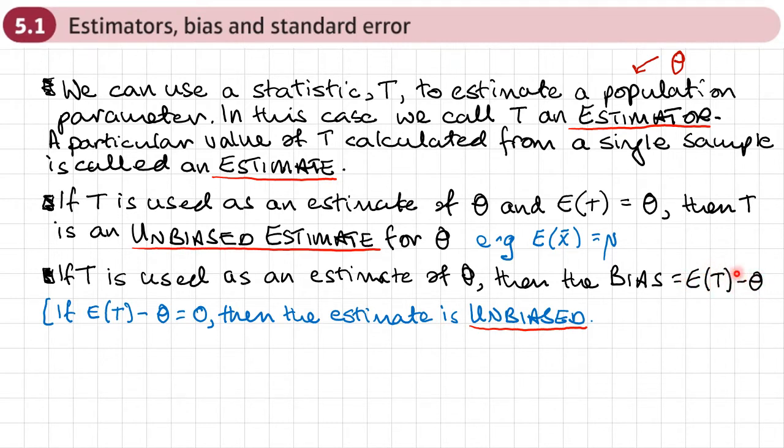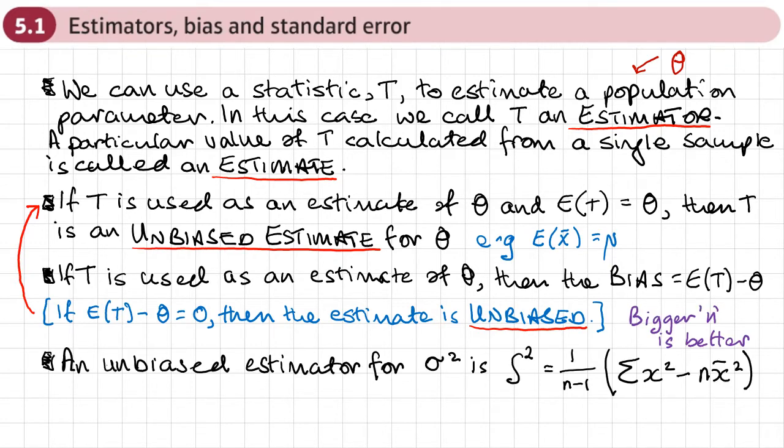So we're expecting a difference between the two. If the expected value of our statistic minus the population parameter equals 0, then the estimator that we've worked out will be unbiased. So we're back to this previous bullet point.